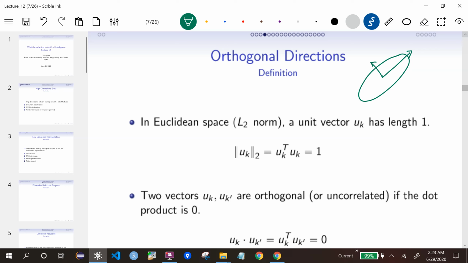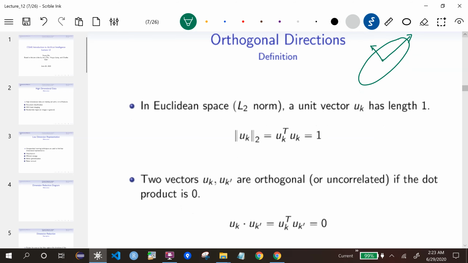Before I actually go through the algorithm, we need a lot of linear algebra and statistics. So let's start with the basic ones first. The first concept is a unit vector. A unit vector is basically a vector with length 1. Note that the norm is not always equal to the dot product, but the norm squared is always equal to the dot product of a vector with itself.